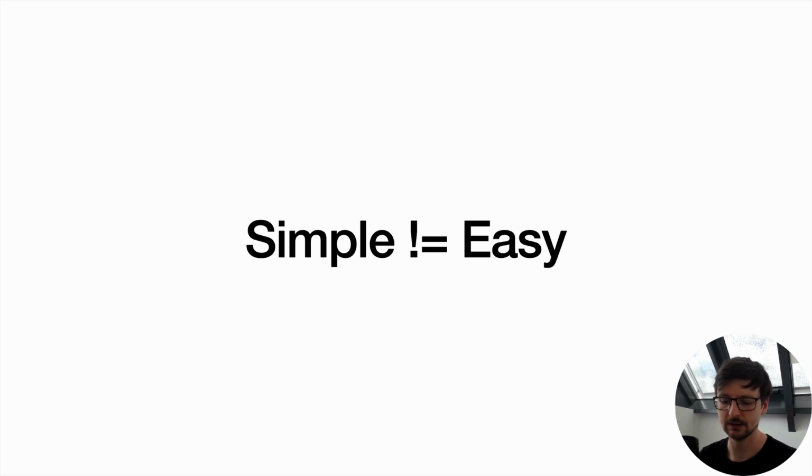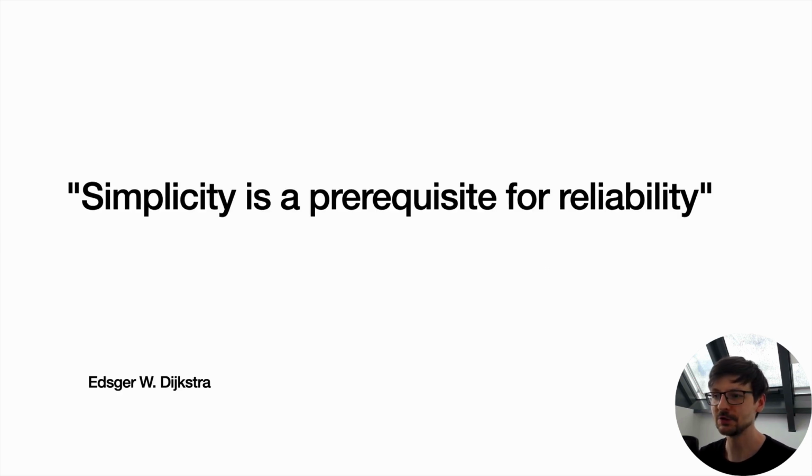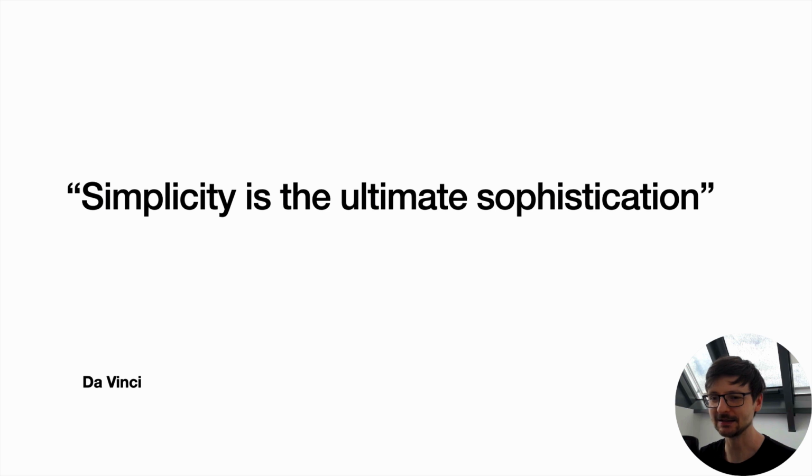Mostly because it's just JavaScript, just functions, and you can compose them in any manner you want. Like Lego. And to finish off, just a few quotes. Edsger Dijkstra: simplicity is a prerequisite for reliability. And the one attributed to Da Vinci, but apparently he hasn't said that: simplicity is the ultimate sophistication.